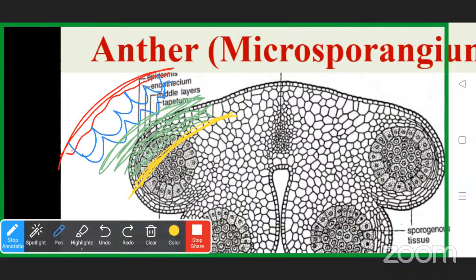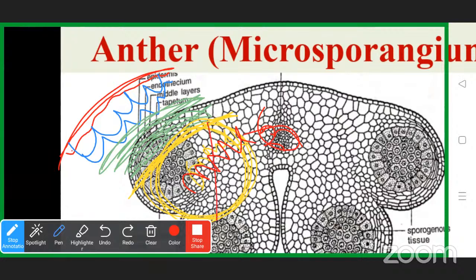Just below the tapetum, in the microsporangium spore sac, the microspore mother cells are present. Microspore mother cells, MMC. These are all diploid.